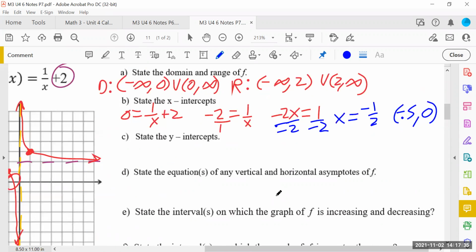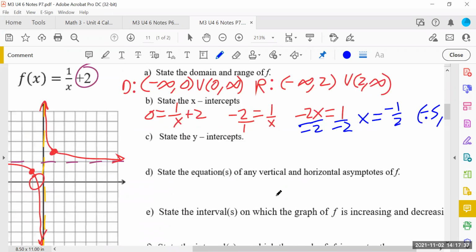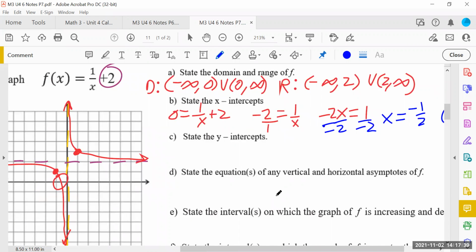So, sorry about the pause there. Does this graph have a y-intercept? No, it's got the asymptote on the y-axis. No y-intercept. So put none. We already did D. I should have written it down right when we did those.